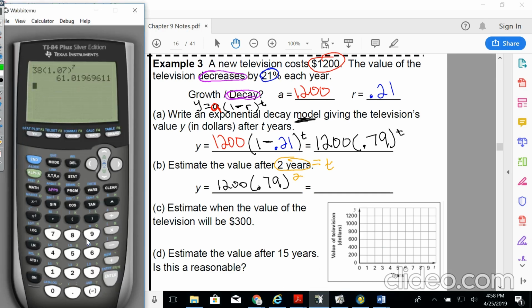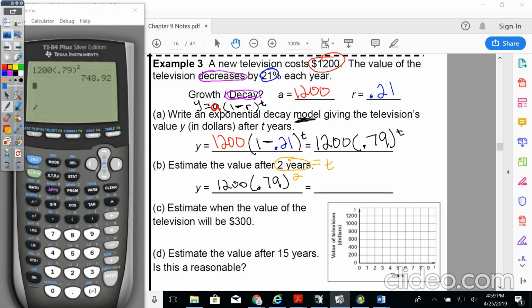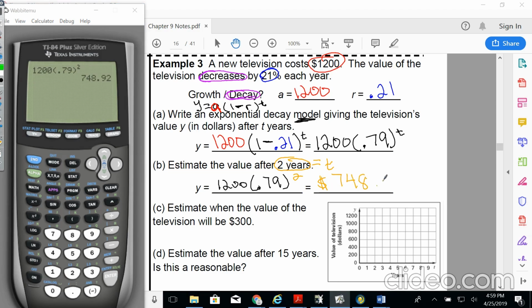So clear that. 1,200, I don't need the parentheses there. 1,200 times 0.79 to the second power is, and this is in dollars because it's the value, $748.92.